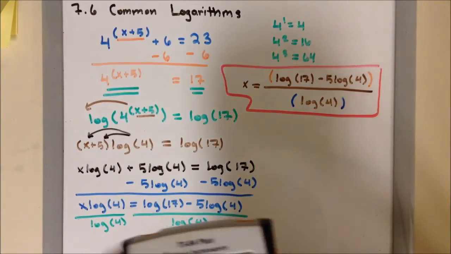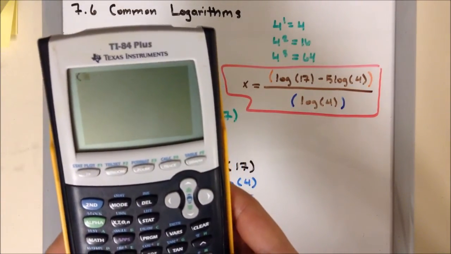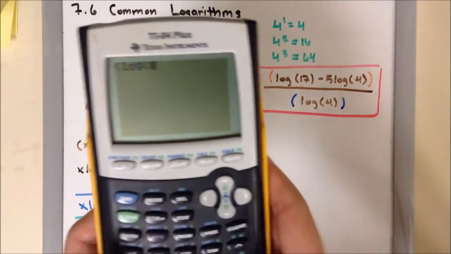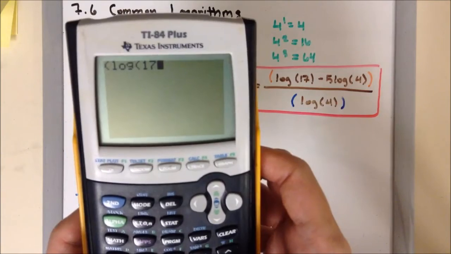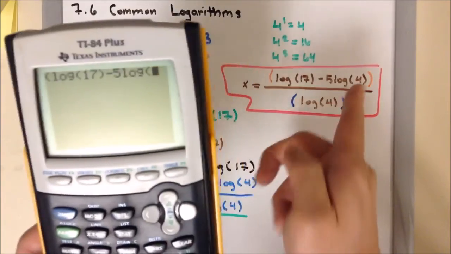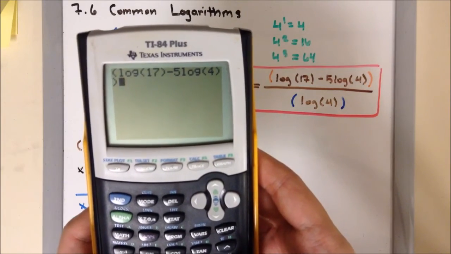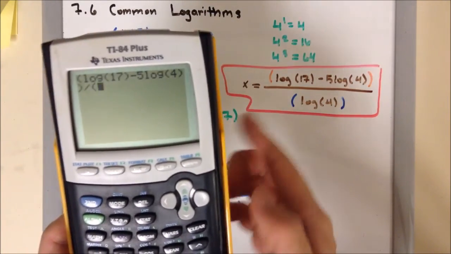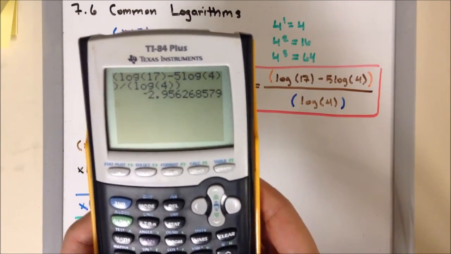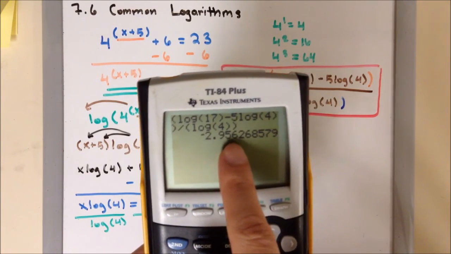So, again, if you have the use of a scientific calculator, parenthesis, log of 17, don't forget, close parenthesis, minus 5 log of 4, close parenthesis twice, so I close it twice, divided, open parenthesis, log of 4, and then close it twice. My answer is negative 2.956. So that's the value of x.